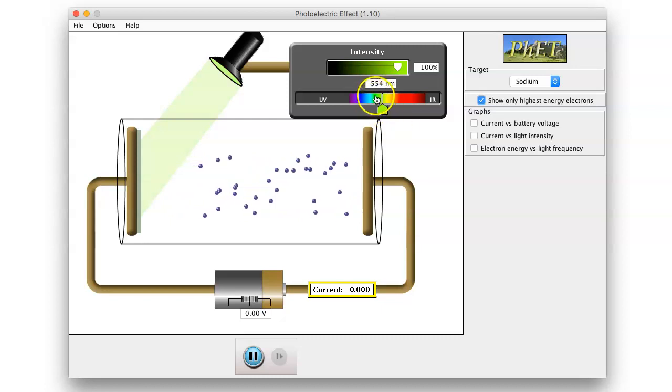If you notice, as the wavelength got larger, that means the frequency gets smaller, and the energy is not great enough to emit any electrons. So in classical physics, it didn't make any sense. If I just made the light brighter, no matter what the light was, I should be able to eject them. But we found experimentally that there was a threshold frequency, or a threshold wavelength in this case, or a threshold energy.